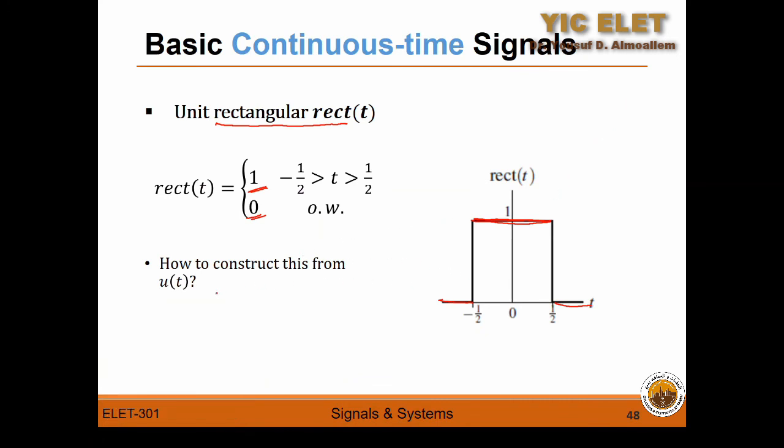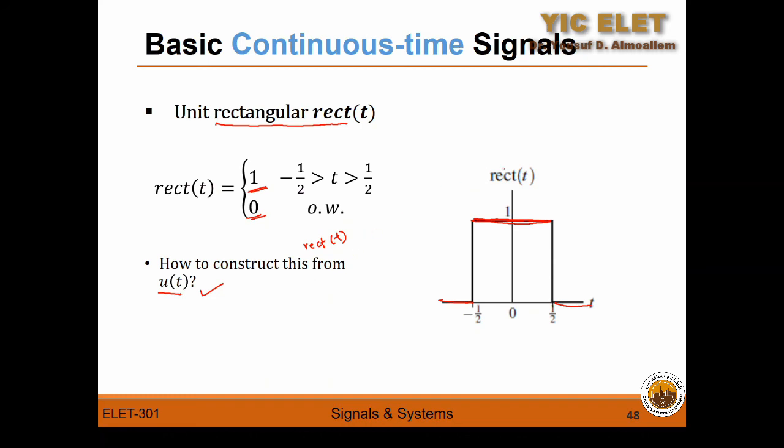Now I just want you to think about a way how to construct this rect function from u of t. We could think about different ways to construct it from u of t.